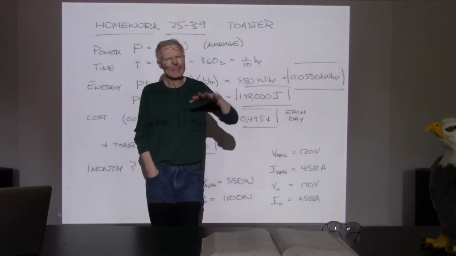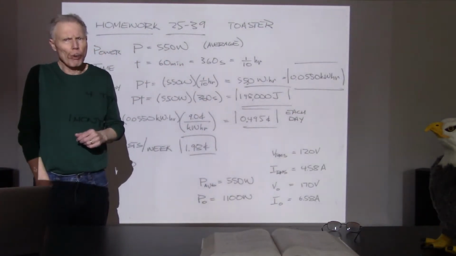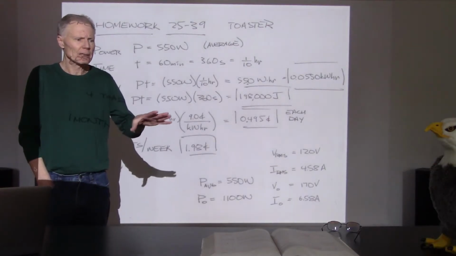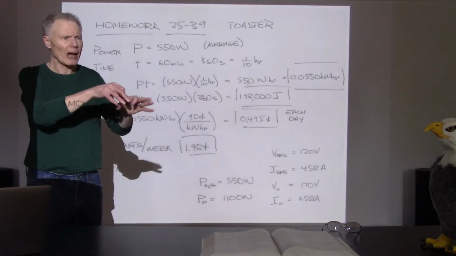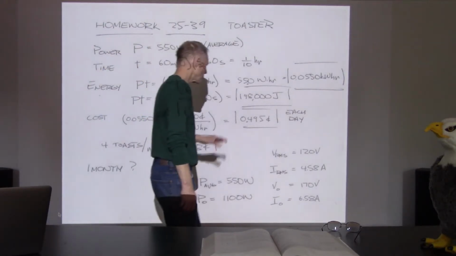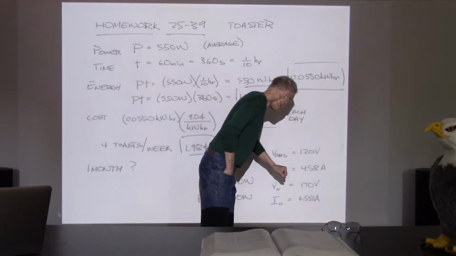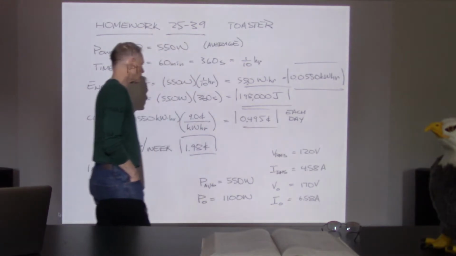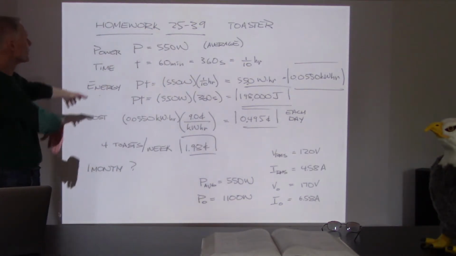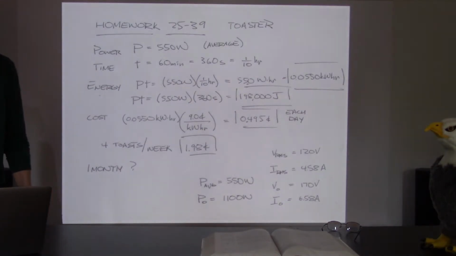So again, that's kind of a medium range appliance, right? That's not small. That's not a light on my nightstand or a clock on my nightstand or something. 4.6 amps, and then the peak value on the current would be 6.58. All right, there it is, the toaster problem. Beware of counting how many weeks there are in a month.